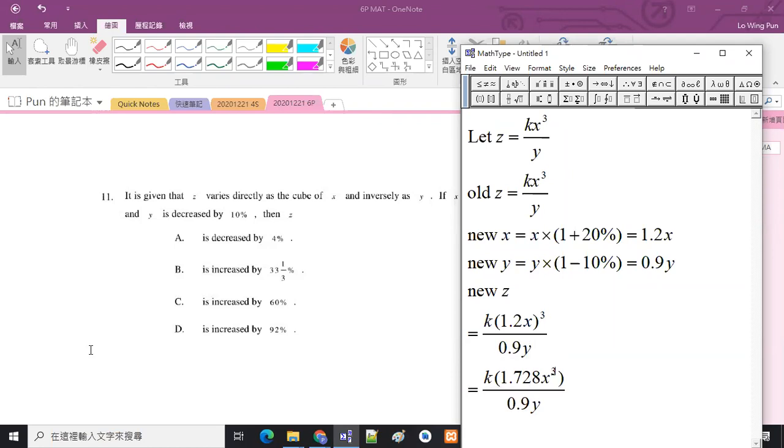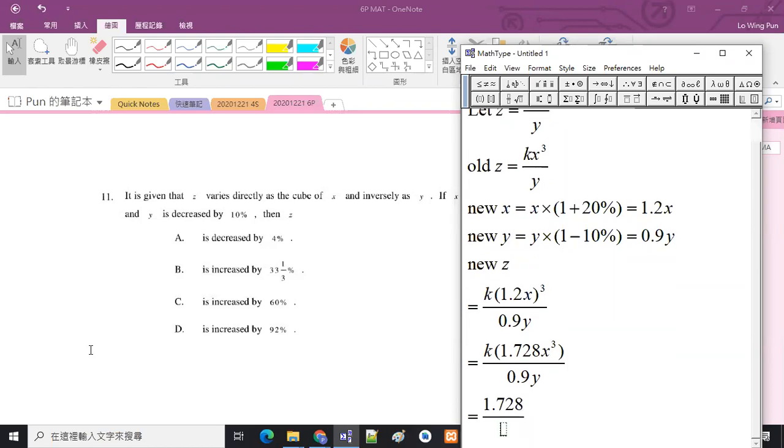好啦，跟住我哋將啲數字 split 開佢，1.728 over 0.9 and then times this kx cubed over y. But what is kx cubed over y? It is just the old z. Okay, just the old z.